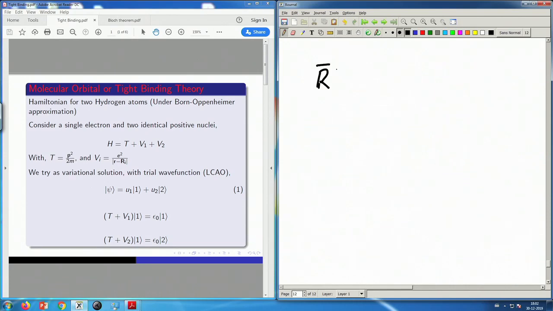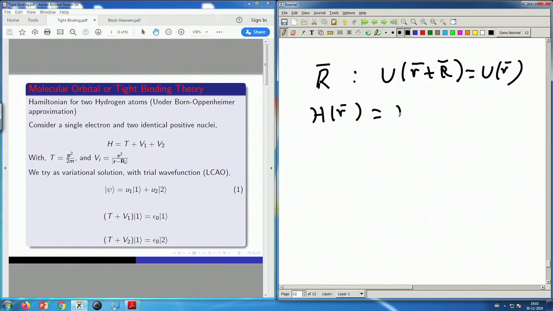So, if R belongs to the Bravais lattice, then the period of the potential is also R. So, once that is true, then H of r is of course H of r plus R. So, the Hamiltonian is also periodic with the same period as the lattice, and the lattice is defined by the Bravais lattice vectors. Okay. So, now we go back to what we did for the 2 atom case.